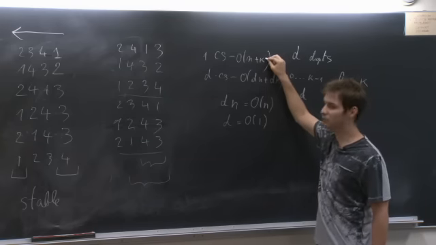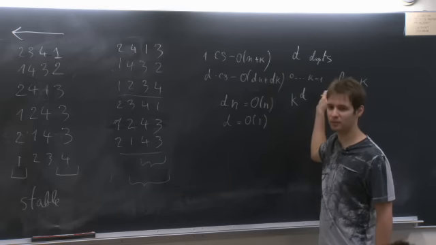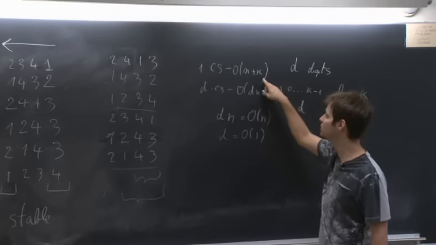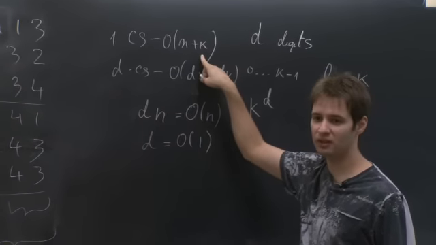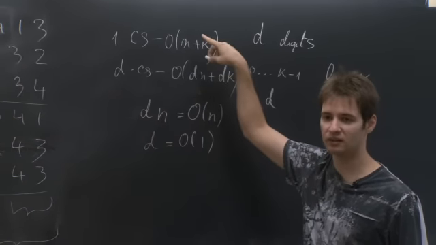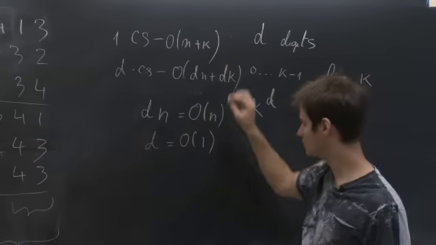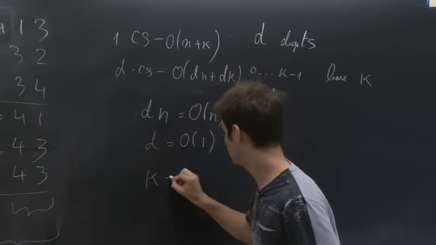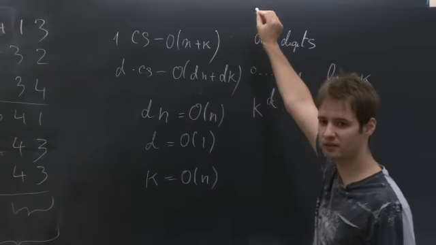If I set k to be a constant, if I use bits, if I use base 2, so I set k equal 2, this is still going to be order n. So if k goes way below n, this step is still going to be order n. So I might as well set k as high as possible. So k is order n, because that's the highest thing I could set it to.